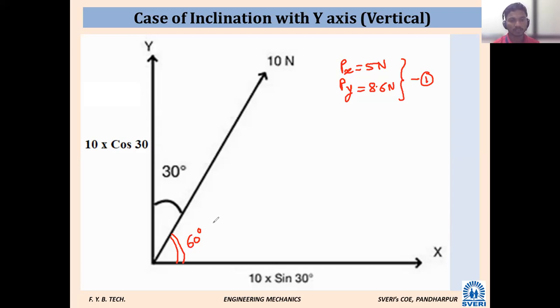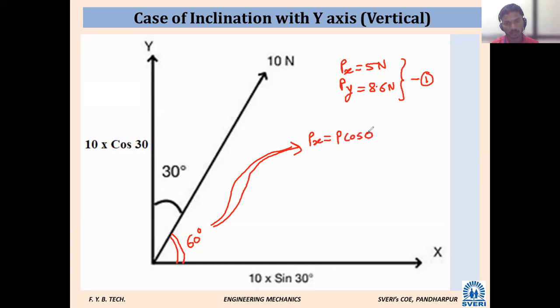Now I will mark here so that you come to know. For this, what will be the x component? Cosine. P cos 60. The angle is with which axis? The x-axis, so will we take sine or cos? Cos theta.